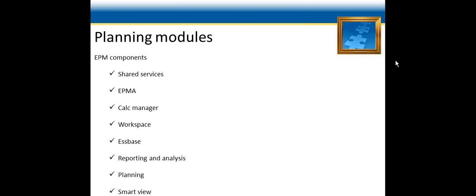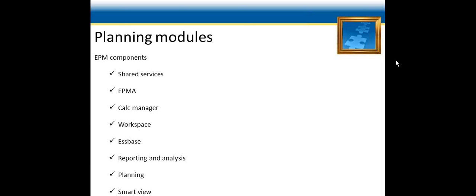The next component is EPMA, that is Performance Management Architect. Performance Management Architect is a component of planning installation and configuration. You use it to create and work with the planning application and dimension, smart list, UDA, member formula, and other features.